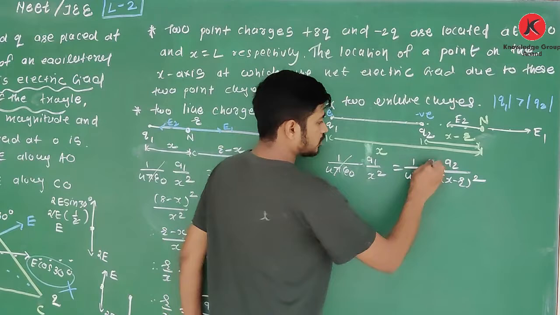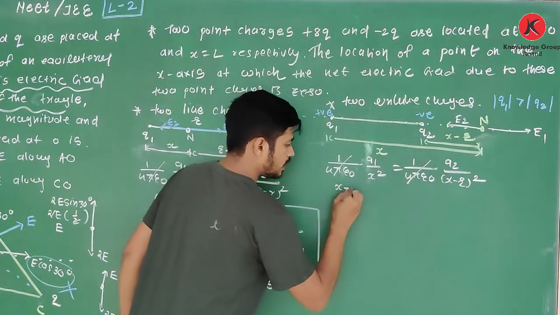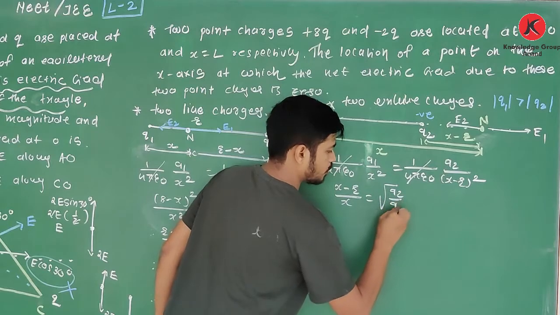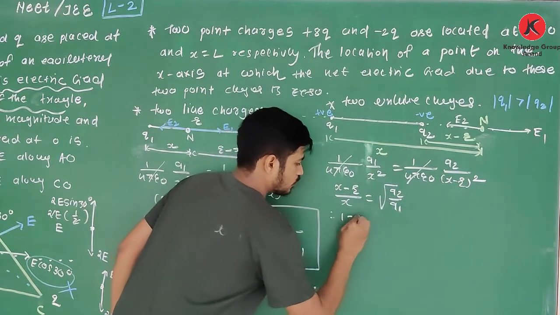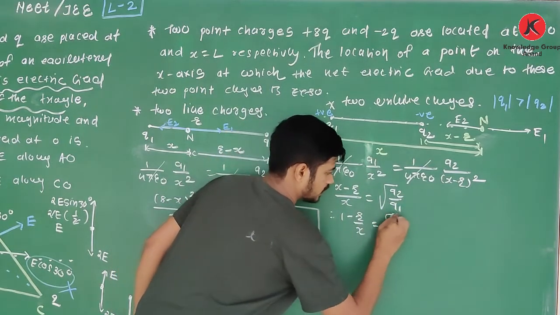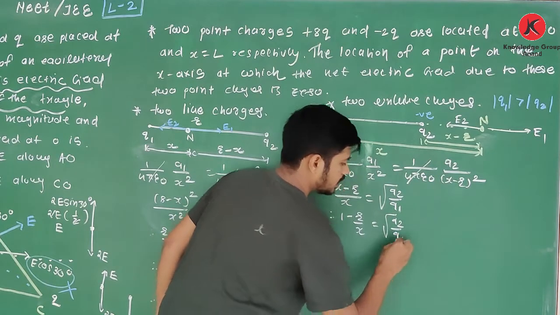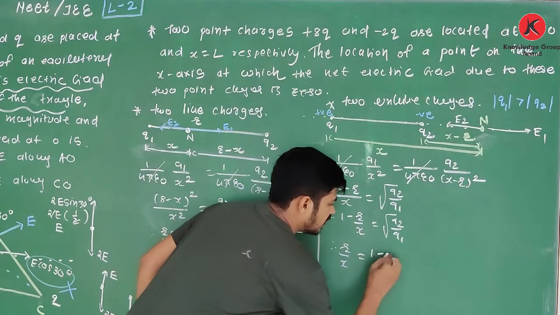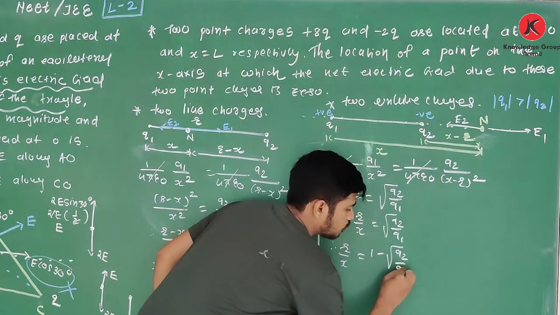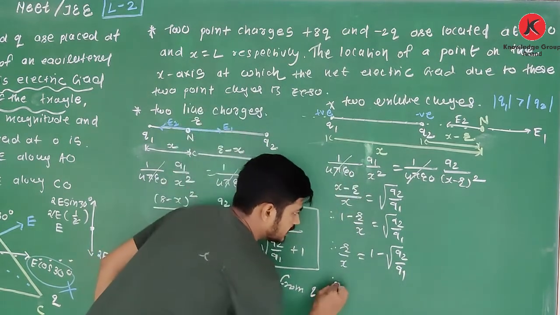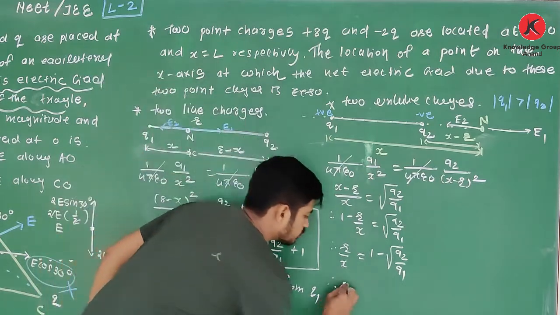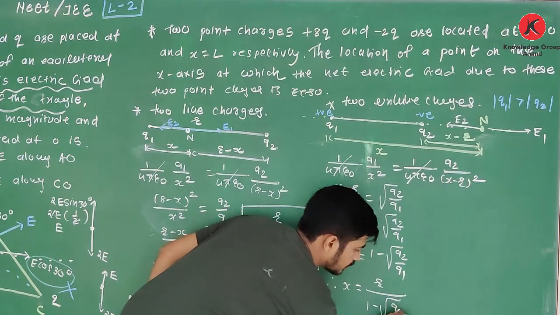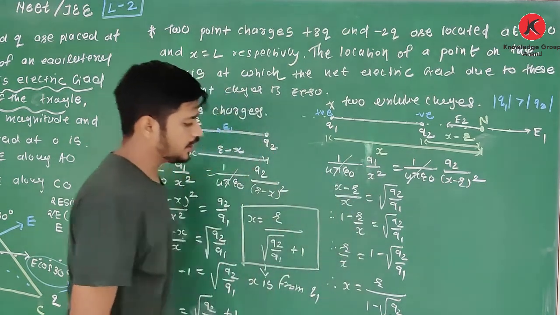So x minus r upon x is equal to under root Q2 upon Q1. Therefore 1 minus r upon x is under root Q2 upon Q1. So r upon x is equal to 1 minus under root Q2 upon Q1. And therefore x is equal to r upon 1 minus under root Q2 upon Q1.